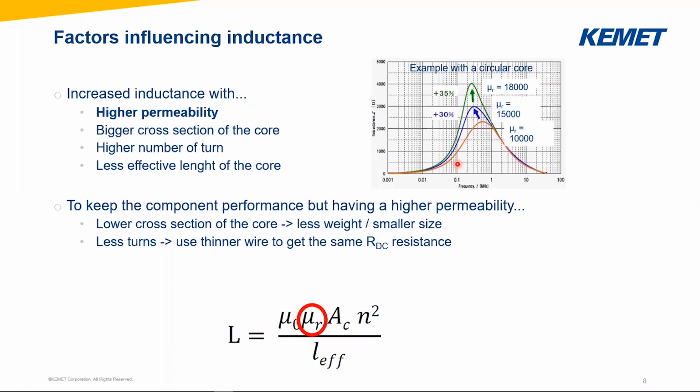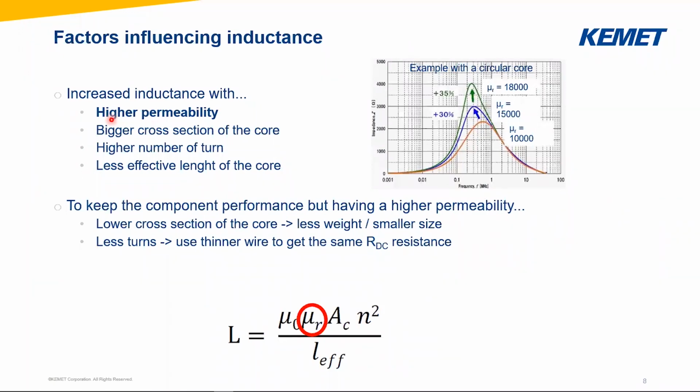And this might be a disadvantage, because depending on which frequency I'm using, I want to have maybe a higher switching frequency. And this is a problem. So I need to find the best way of the μr and of the component size. And there might be some limitations in choosing a material, because the higher μr I have, the lower frequency range I have.